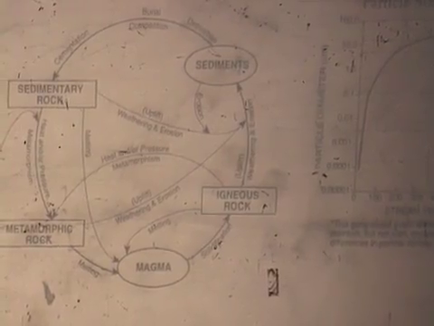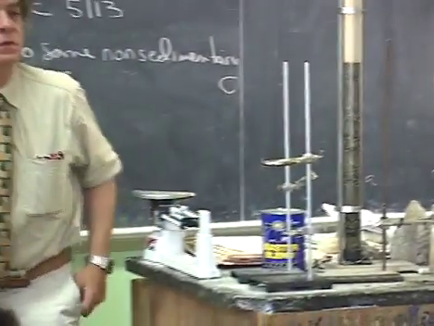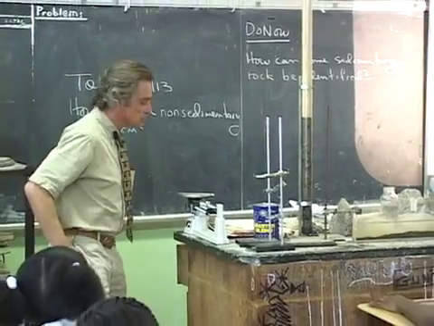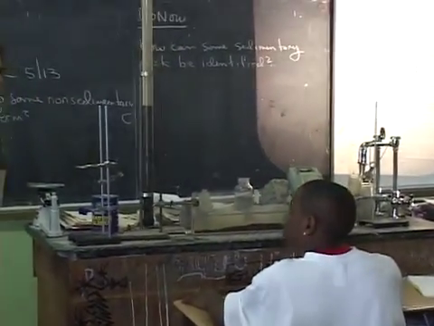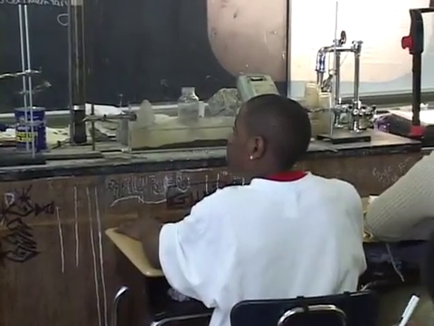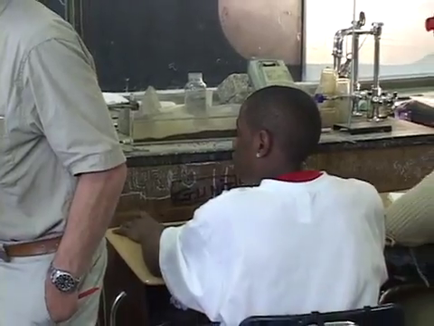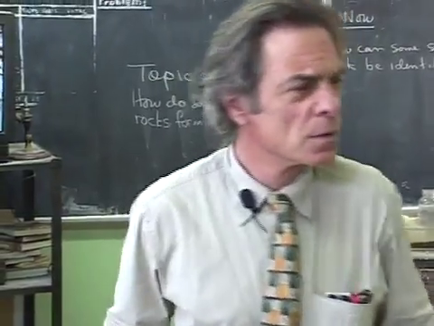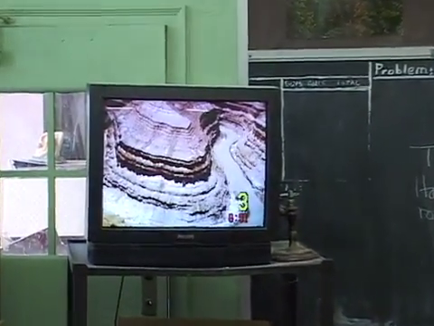There's a lot of roads that are cut through sedimentary rock, and you can see it if you know what to look for. What's that, Stephen? Certain rocks might have layers on them. Let's see. Like that? Now, how do you know that's sedimentary rock?